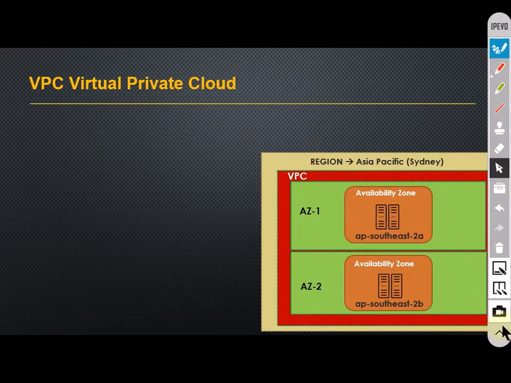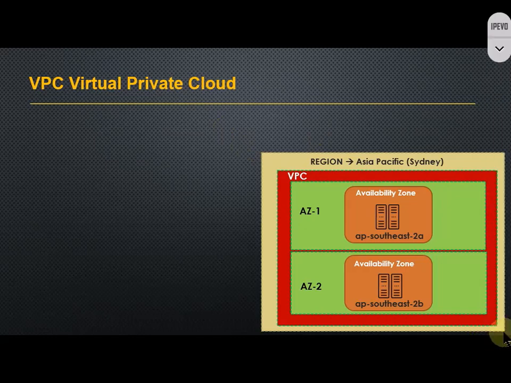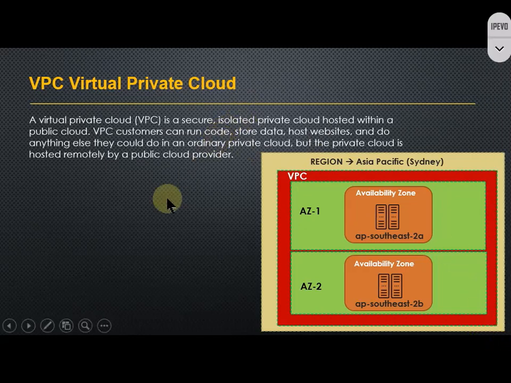Virtual private cloud. So what is VPC? A virtual private cloud is a secure, isolated private cloud hosted within a public cloud, which is AWS. So VPC customers can run code, store data, host websites, and do anything else they could do in an ordinary private cloud, but the private cloud is hosted remotely by a public cloud provider.